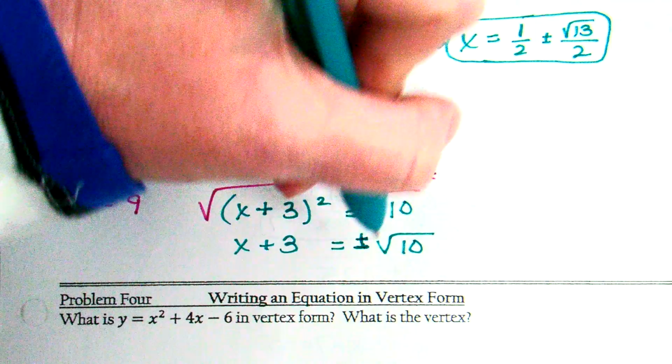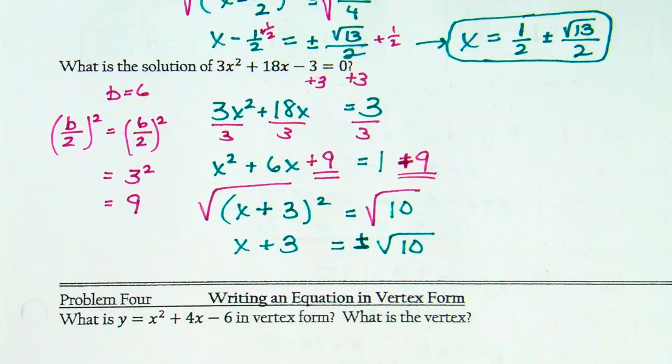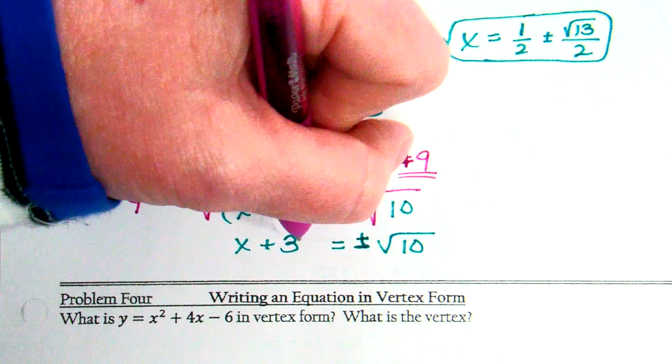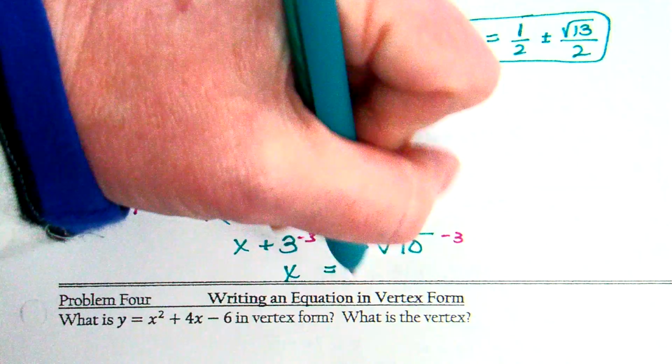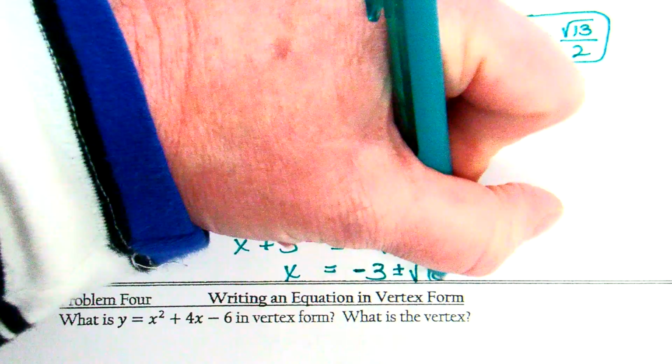And step 5. Solve for x. If it's x plus 3, subtract 3. So, x equals, since it's minus 3, I'm going to say negative 3 plus or minus square root of 10.